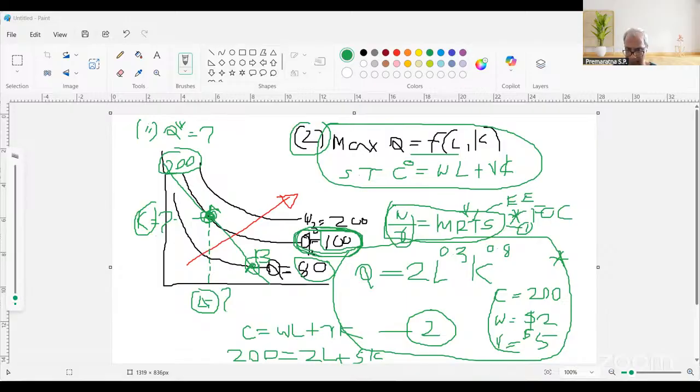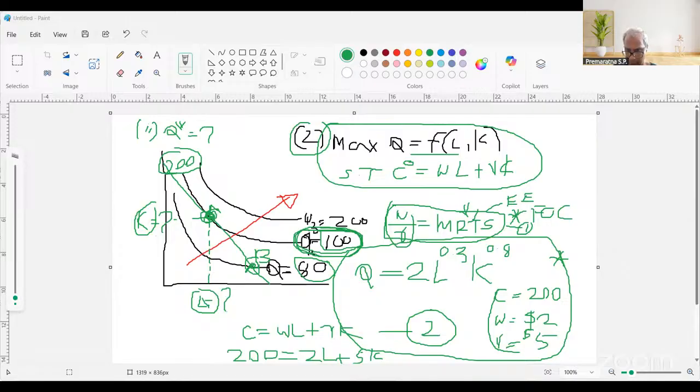But here, not like the previous case, the amount of output is given. You have to produce 100. And the W, of course, the market available rate is $2. Or let's say $3.